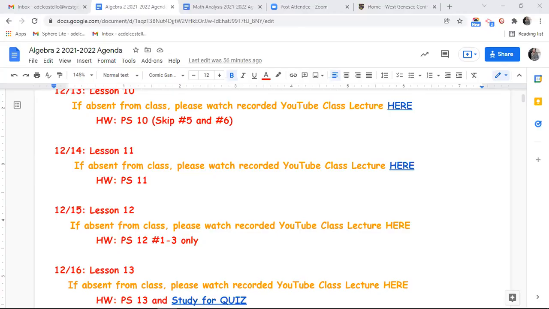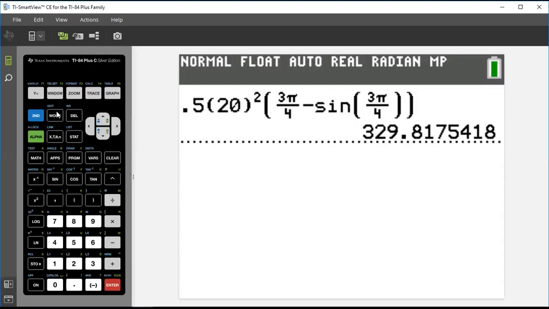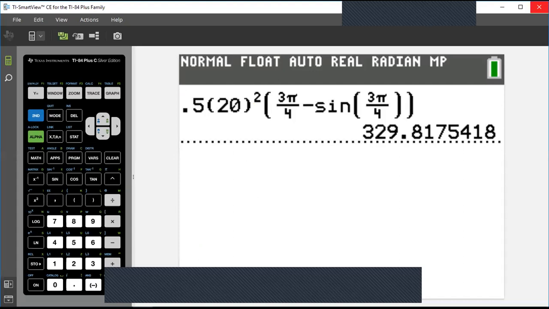So again, you're going to check to make sure you are in radians. I'm sorry, give me a moment. My calculator's frozen again. So make sure you're in radians and see if you can start typing that in without my help.